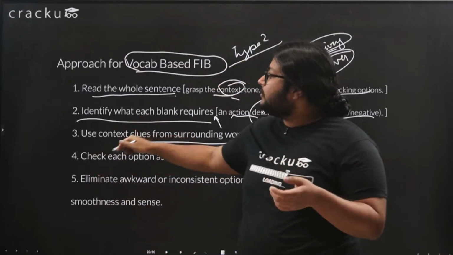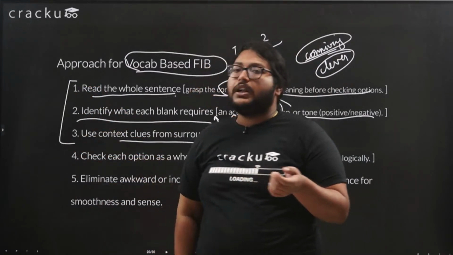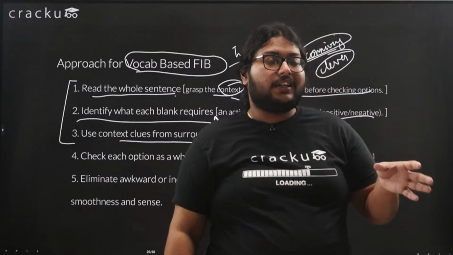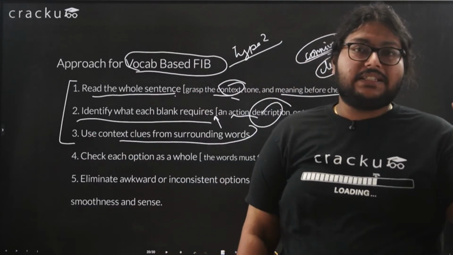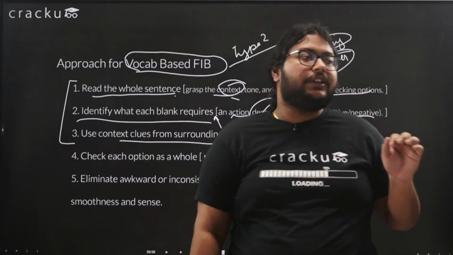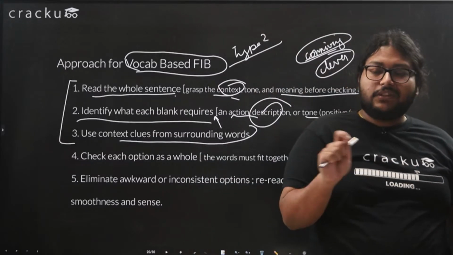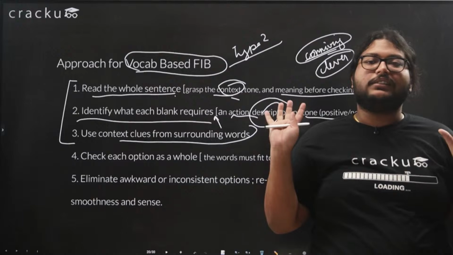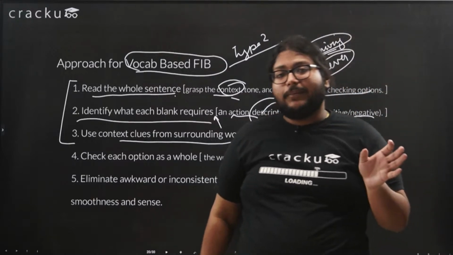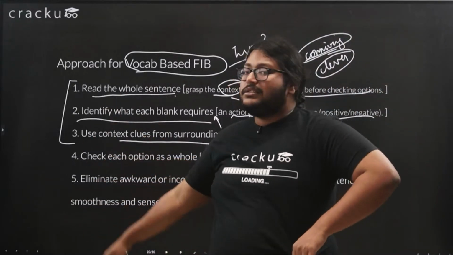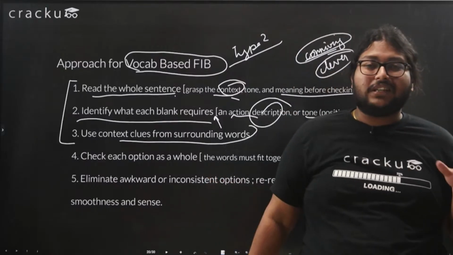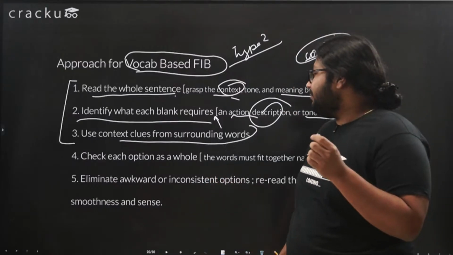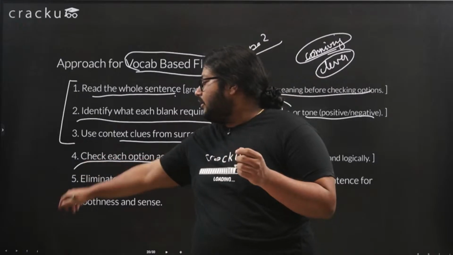Then, in most of the cases, when you go through 1, 2 and 3, you somewhat figure out one or two of the blanks, okay, this is what I want here, this is what I want here, and then based on elimination, you can figure out the correct choice. Sometimes it happens that even after doing all this, you still can't figure out the correct answer. Then, check each option as a whole.